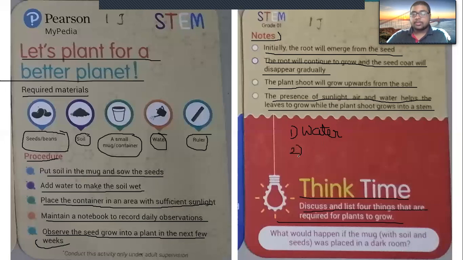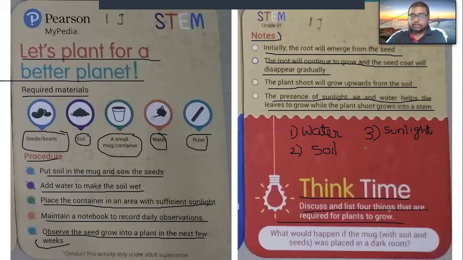Second thing that plants need is soil. Plants need soil to grow, isn't it? The third thing that plants require is sunlight. What does a plant require? A plant requires sunlight.